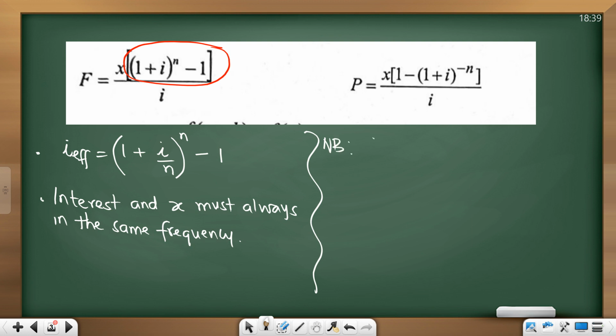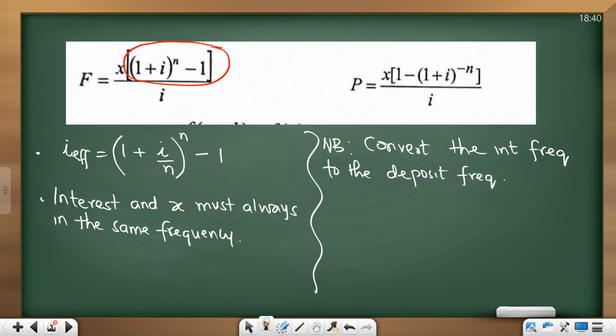NB. Convert interest frequency to deposit frequency. But I'll just say 1 plus i over n. 1 plus i over n.